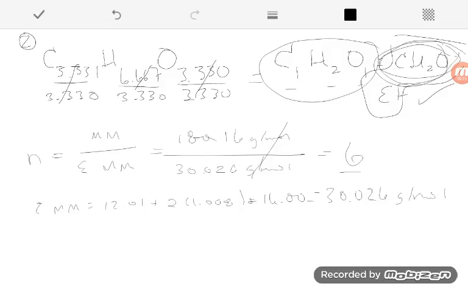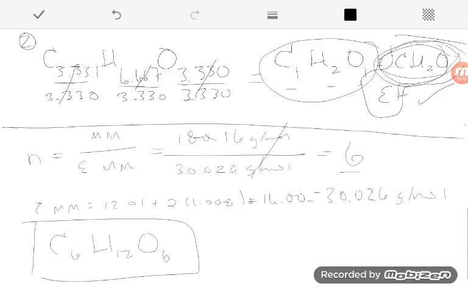So this is going to turn into C, 1 times 6 is 6, H, 2 times 6 is 12, and O, 1 times 6 is 6. So my molecular formula is C6H12O6.